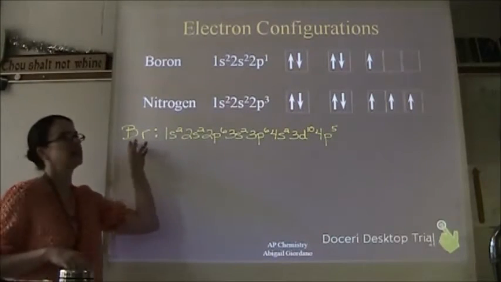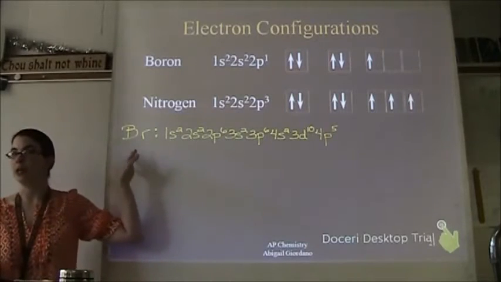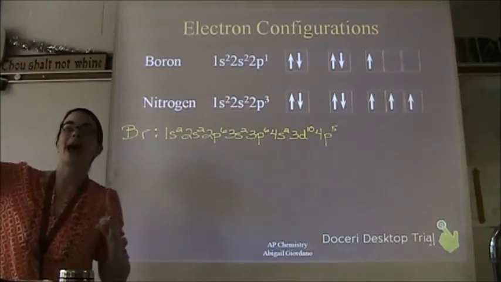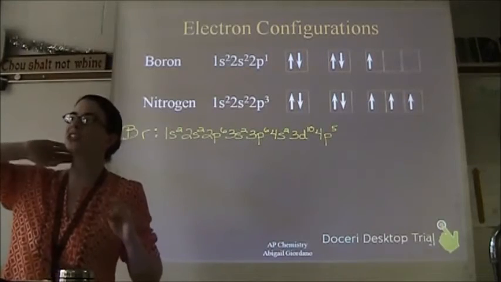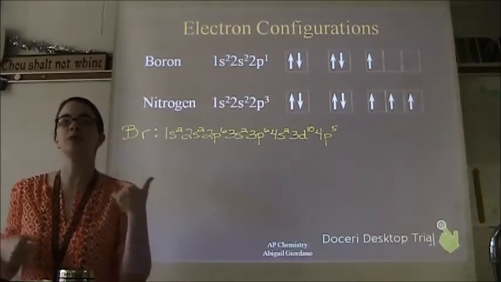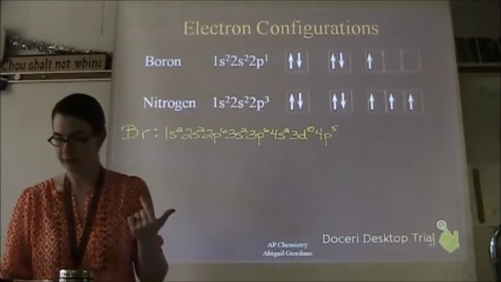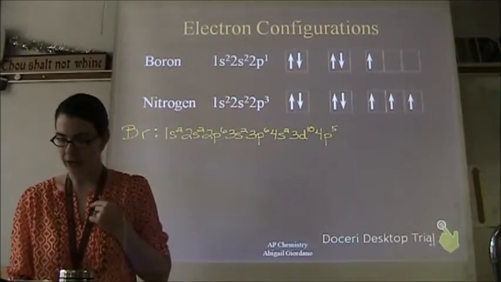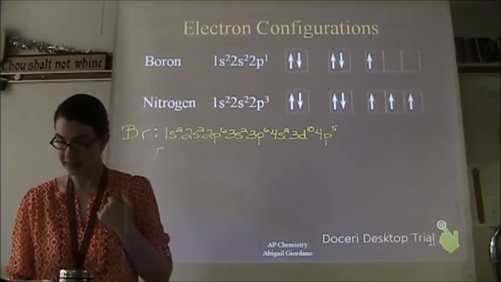All right. So let's say we're doing that for bromine. Go backwards on your periodic table. What's the noble gas that comes before bromine? Argon. Okay, we put it in brackets like this.